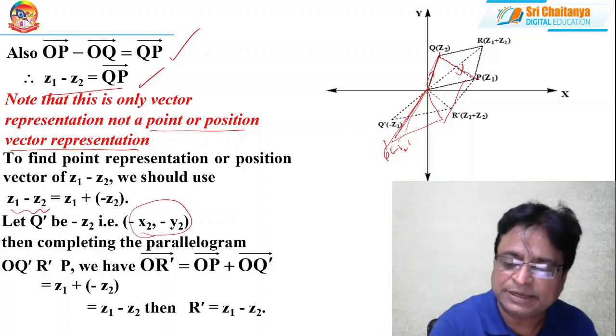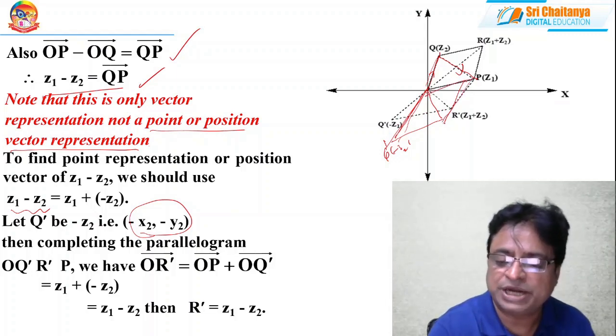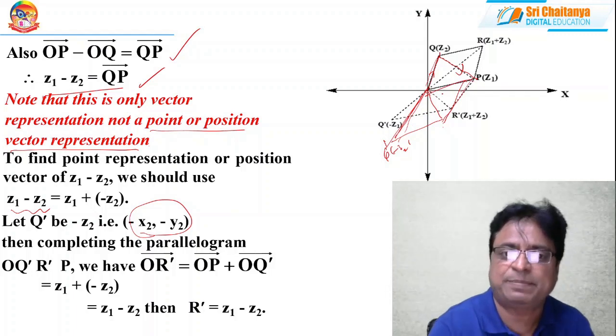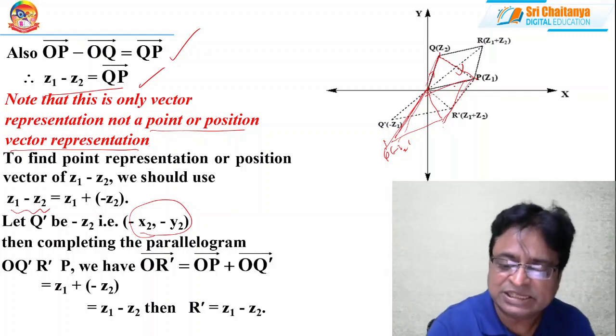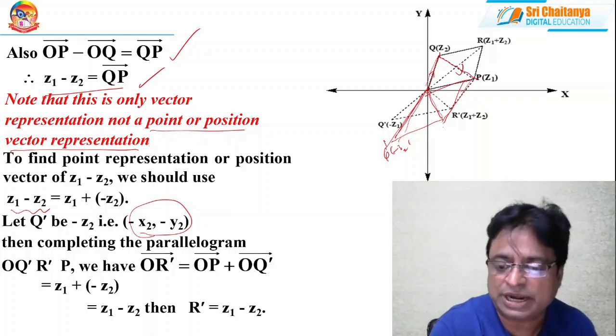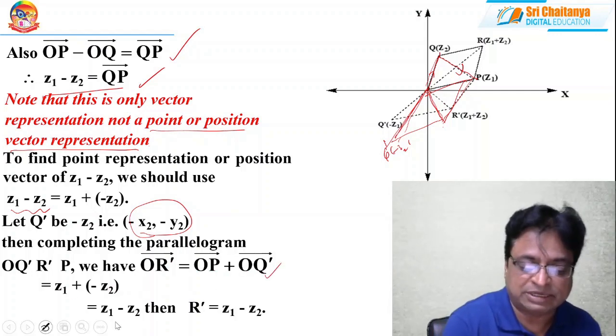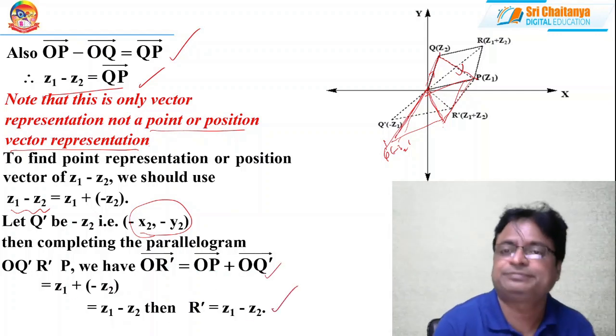Now complete O Q dash R dash P, another parallelogram. Then this OR dash indicates OP plus OQ dash, which is nothing but the subtraction of the complex numbers.